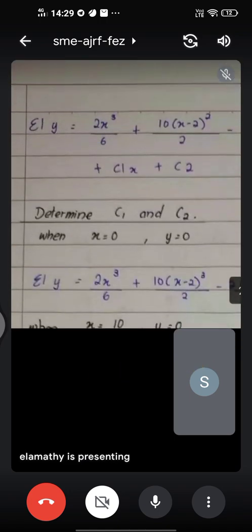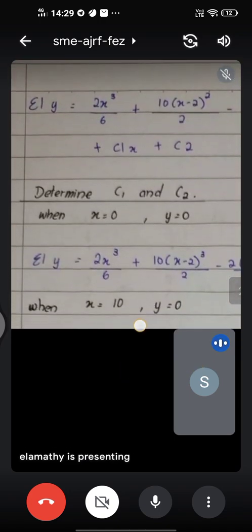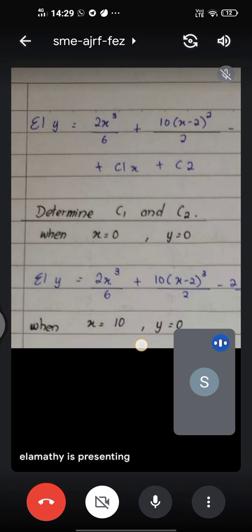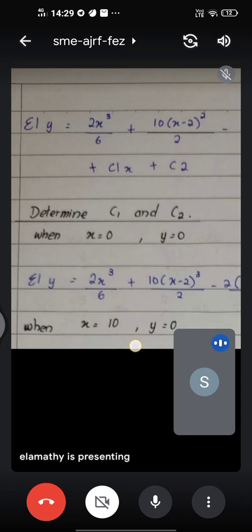Scroll down. So E I y equals 2x power of 3 over 6 plus 10 open bracket x minus 2 close bracket power of 2 over 2 plus c1 x plus c2.